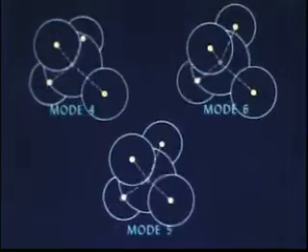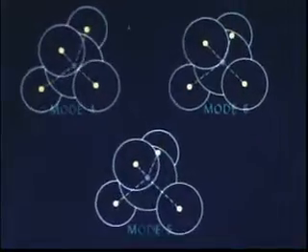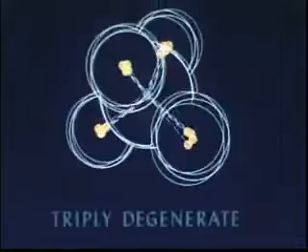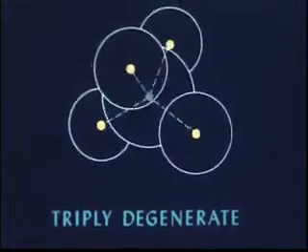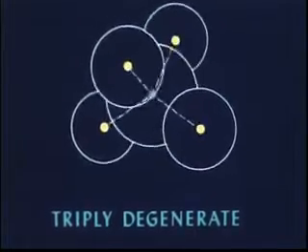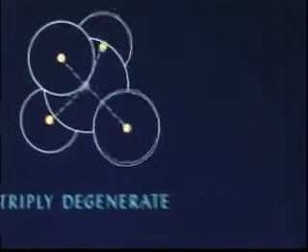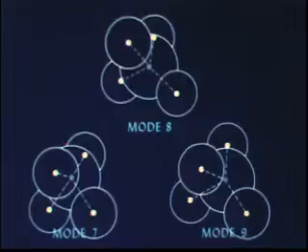When we look at the next 3 modes, we find that since the masses and forces are identical, these modes combine to give a triply degenerate vibration. This is the asymmetric stretching vibration of methane. The remaining 3 modes are also triply degenerate.